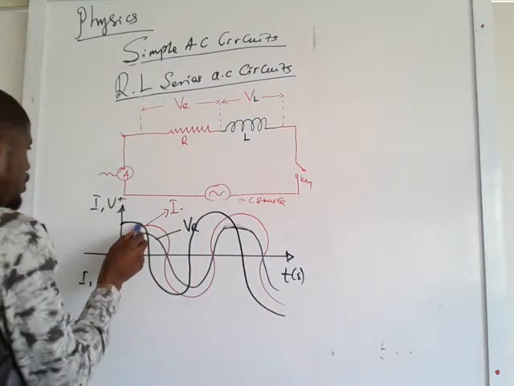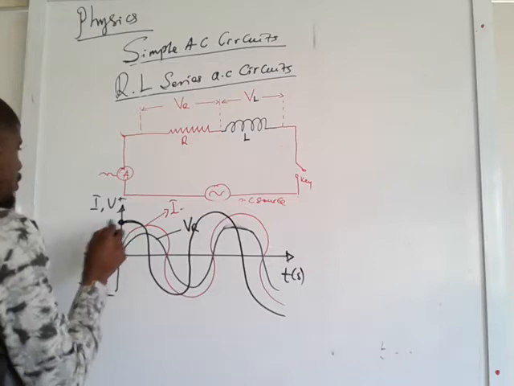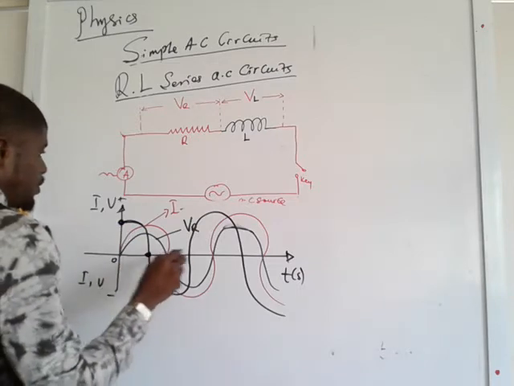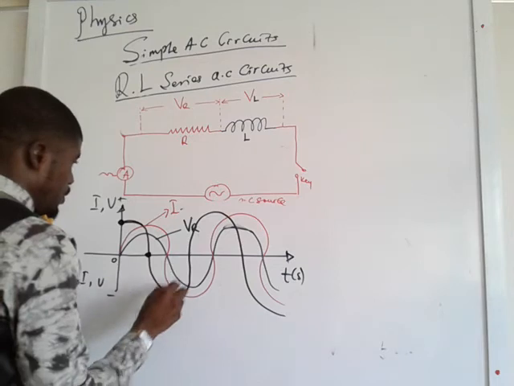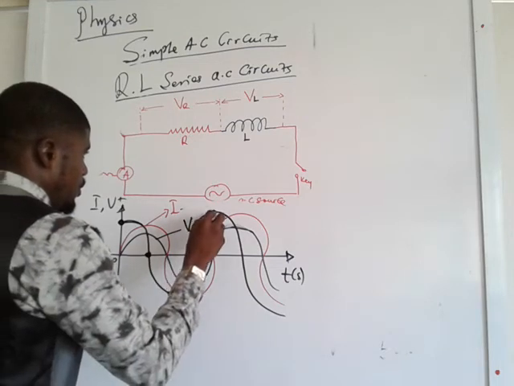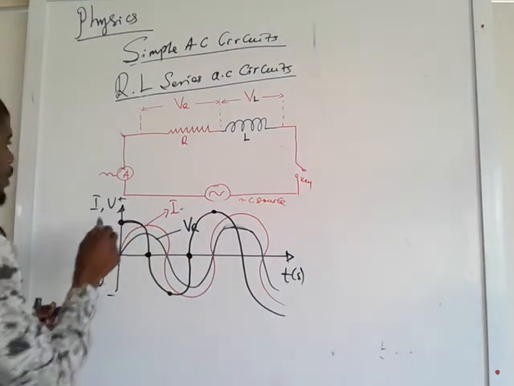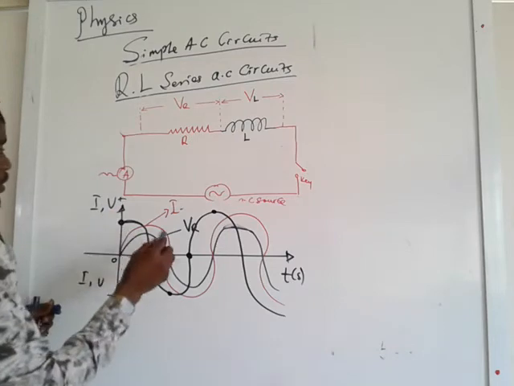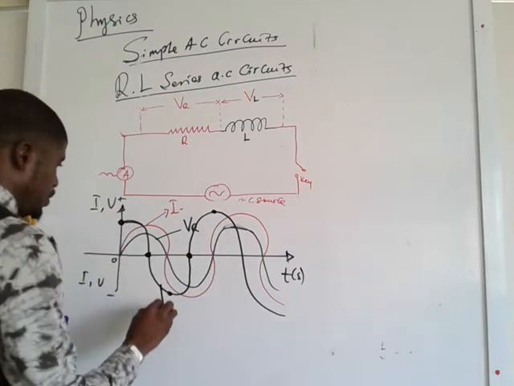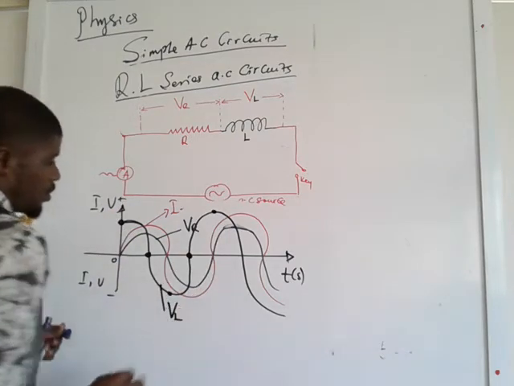As you can see, in each cycle it is so. So we call this the voltage across the inductor L.